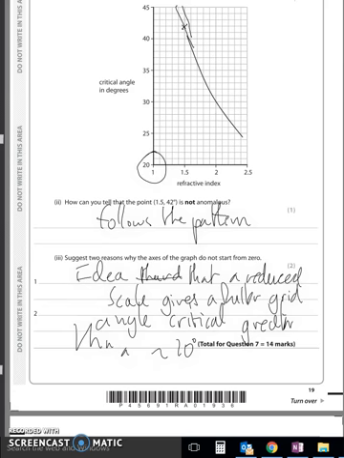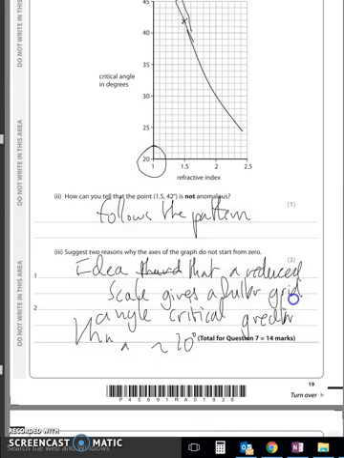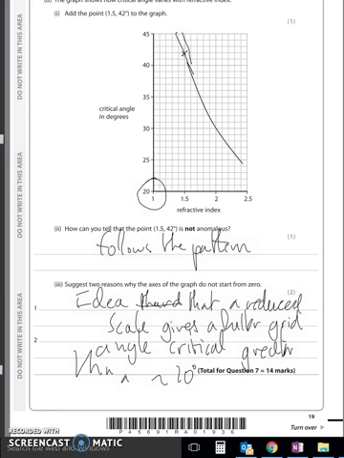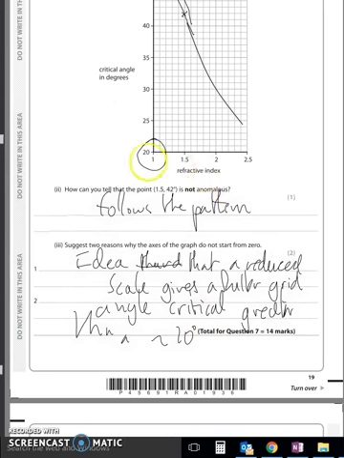So you could say that angle C, the critical angle, is greater than about 20. We would allow that the critical angle would never be below 20 degrees. It's never 0 for sure. We'd never start at a critical angle of 0 degrees because there is no material with a critical angle of 0 degrees. The other one you could have is that the refractive index is more than 1.